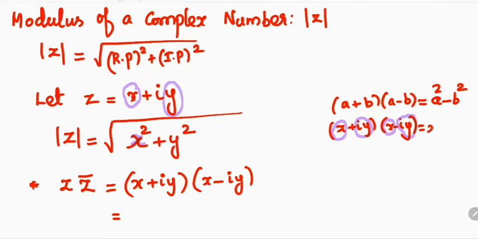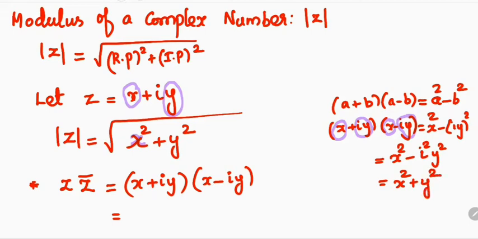It is x. So x squared minus iy the whole square. So it will become x squared minus i squared y squared, isn't it? Over here, i squared is what? Minus 1. So minus into minus is plus. So it is x squared plus y squared.